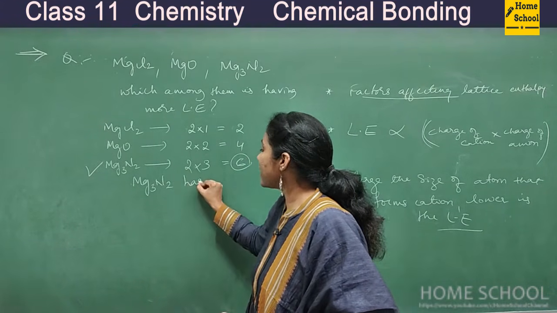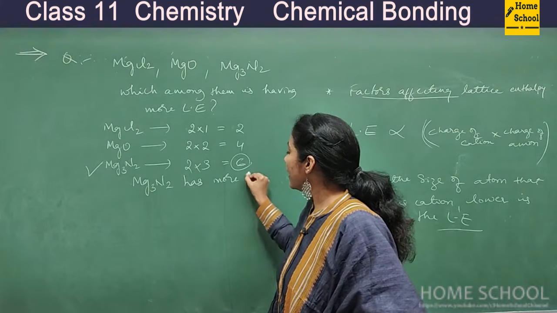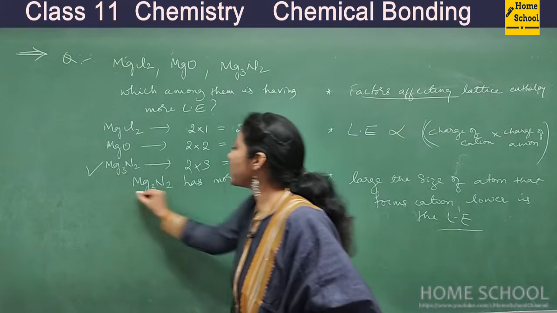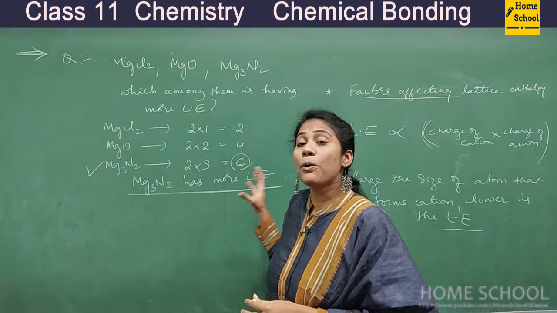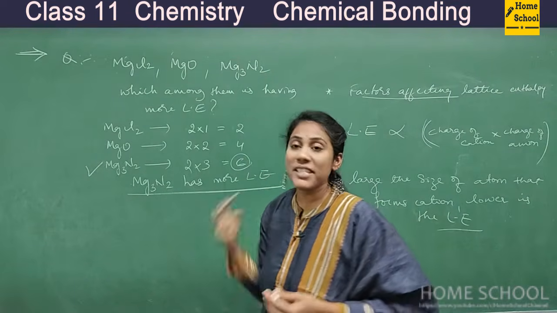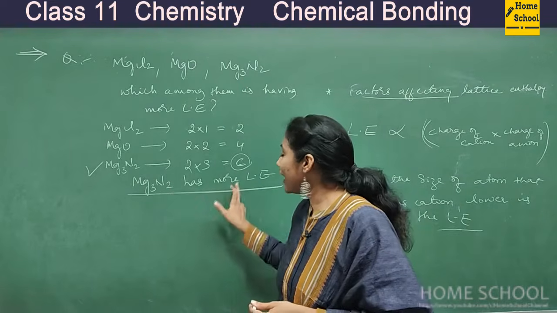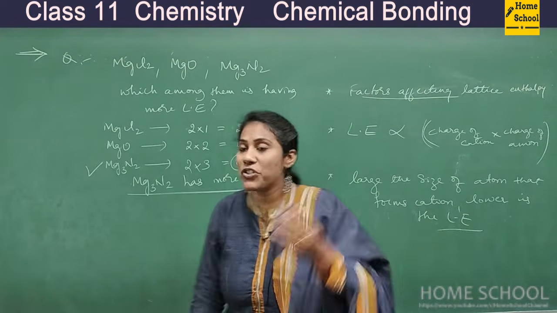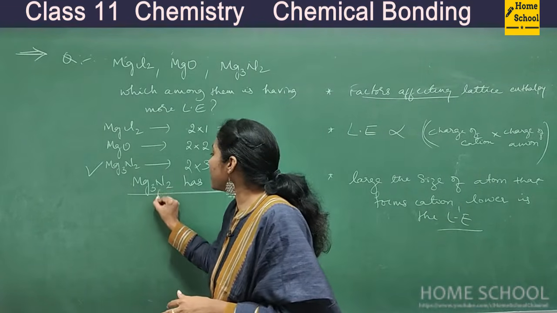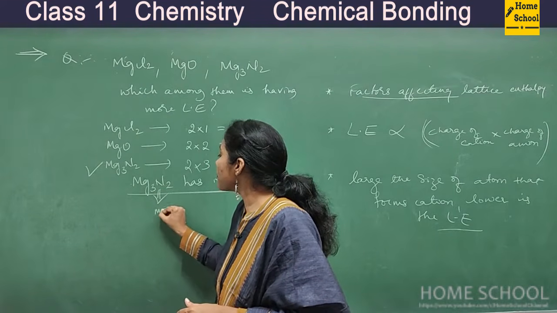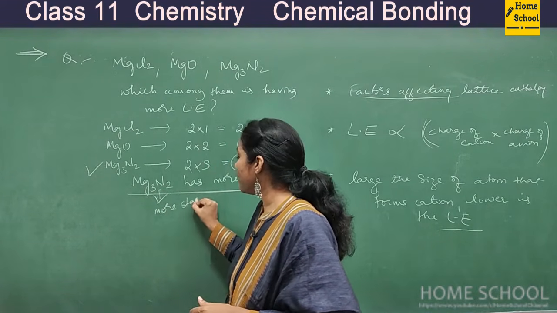So this must be your answer. Which of them is more stable, they'll ask you, right? The one which has got more lattice enthalpy is always more stable, right? So Mg3N2 itself is more stable here.